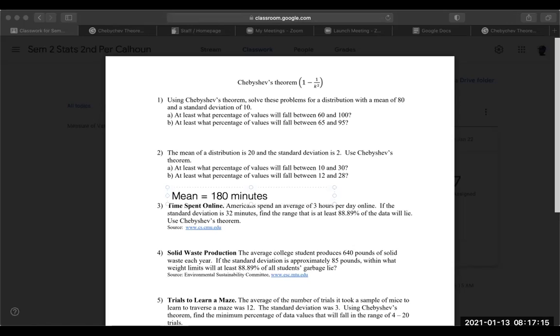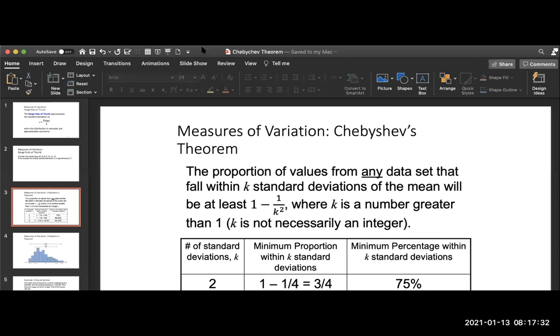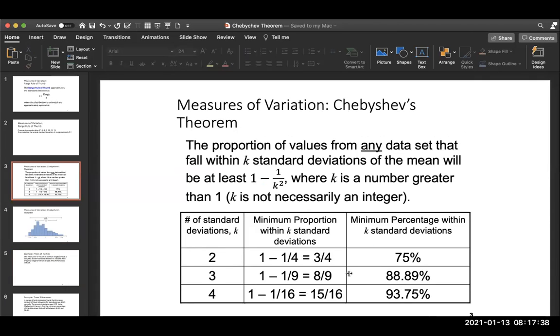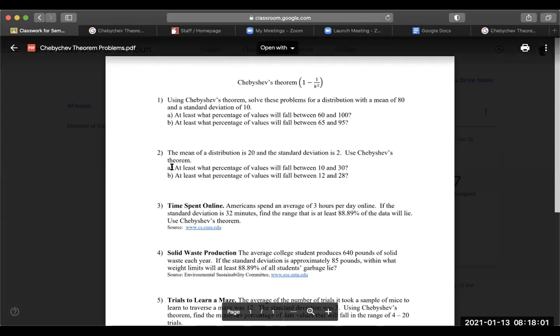According to Chebyshev's theorem, 88.89% of the data is within 3 standard deviations.